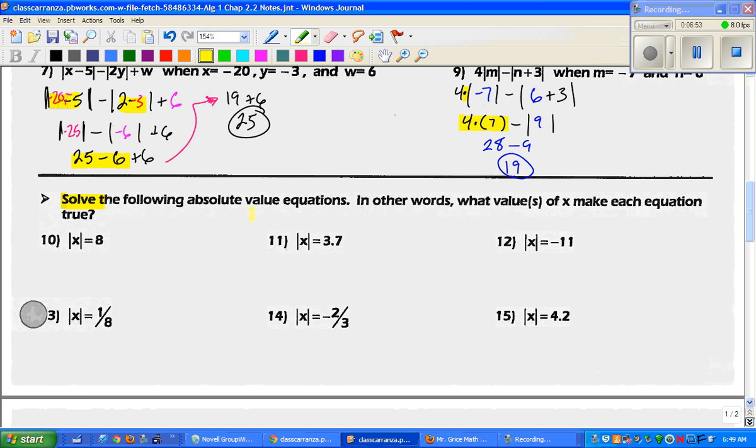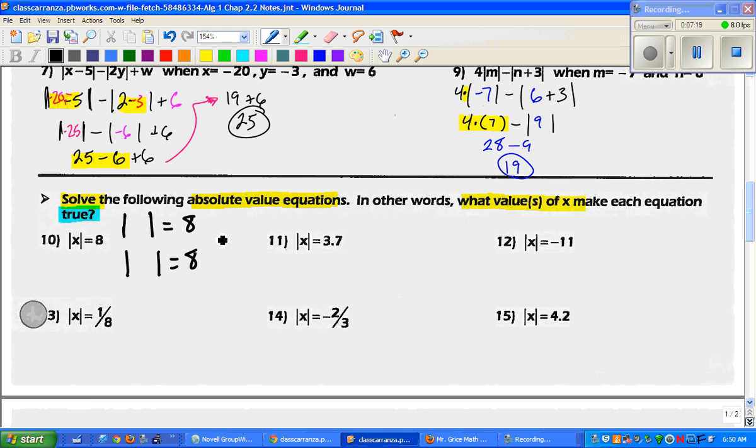It says to solve the following absolute value equations. In other words, what values of x make each statement true? So, for number 10, I want to know what number can we put inside to get 8?